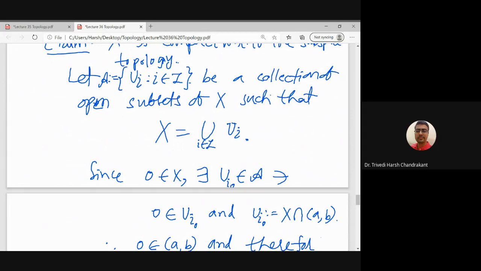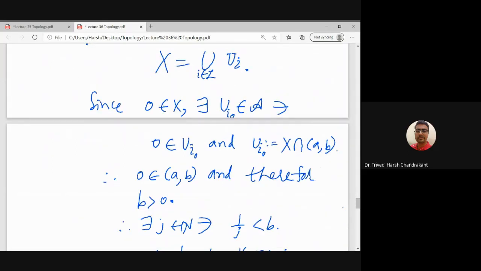So 0 belongs to U_i0, and U_i0 is open in the subspace topology, so it is of the form X intersection some open set. In particular, U_i0 contains a basis element, so U_i0 will contain X intersection a basis element.